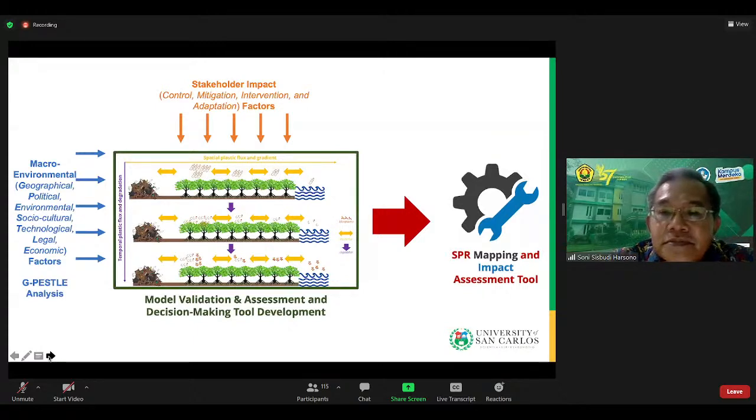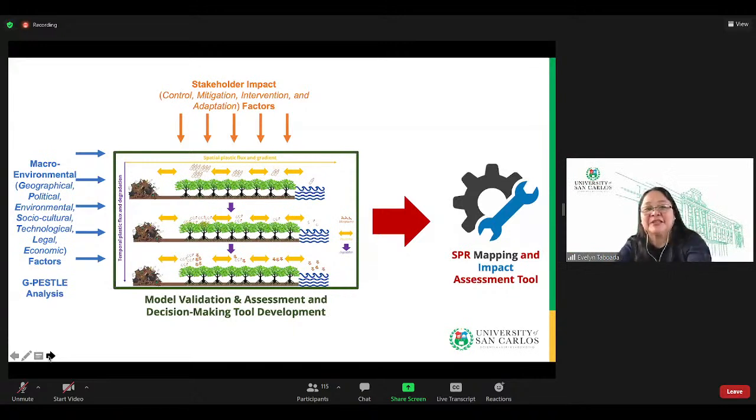Okay, thank you very much for this very good question also. I've shown here the GPESTEL analysis. This is the same as the systems approach, because the systems approach is also holistic.